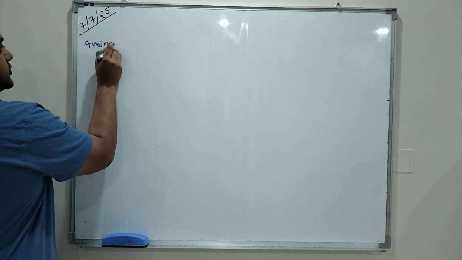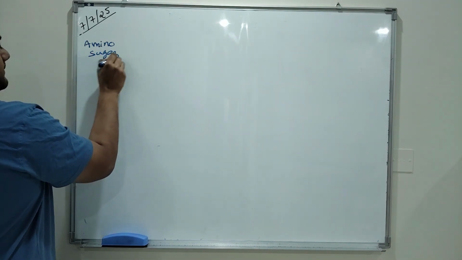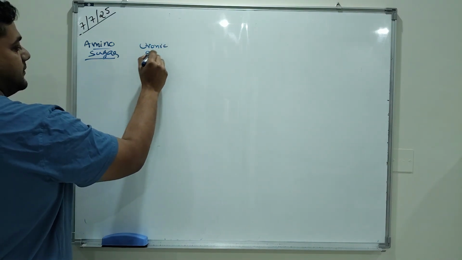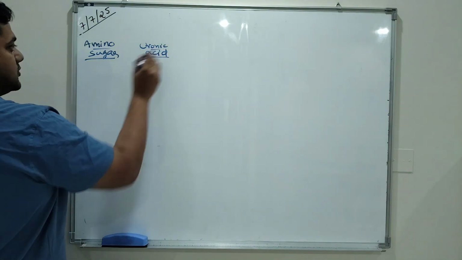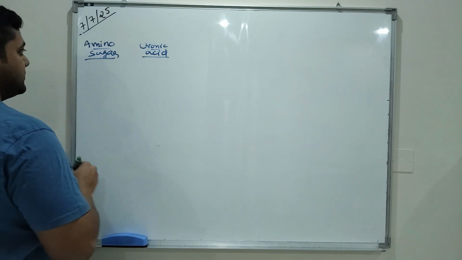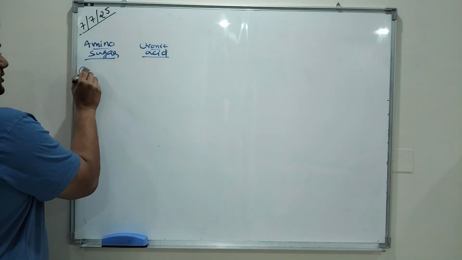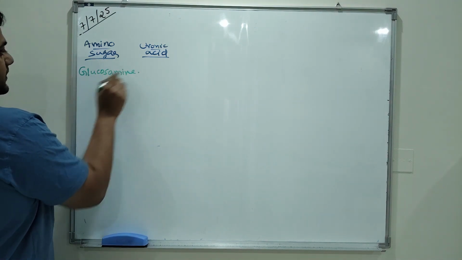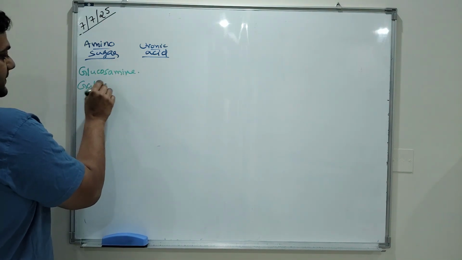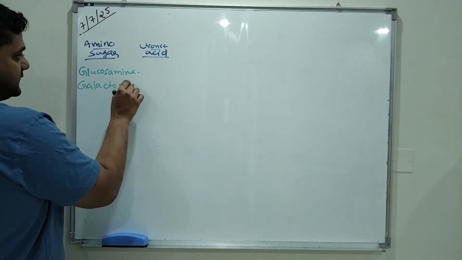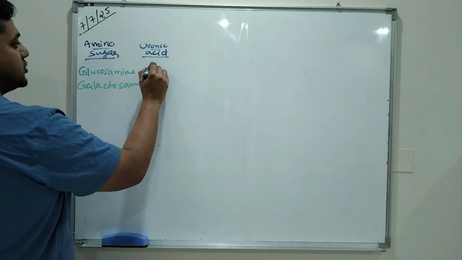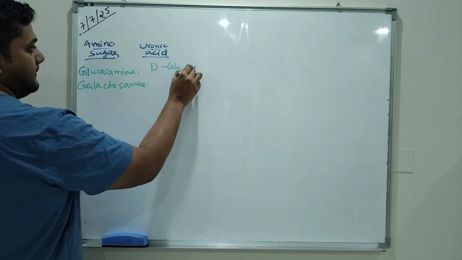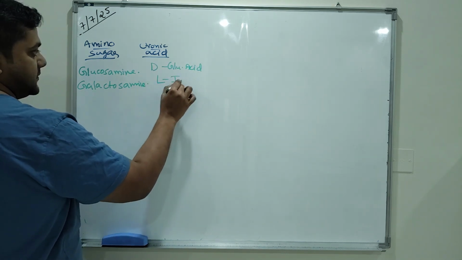I told you one amino sugar should be there, and also a uronic acid. What are the amino sugars? One is glucosamine, another one is galactosamine. The uronic acids are D-glucuronic acid and L-iduronic acid.